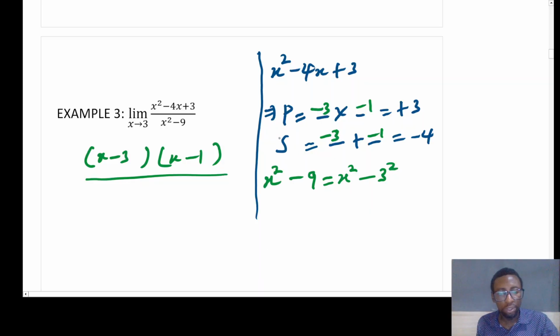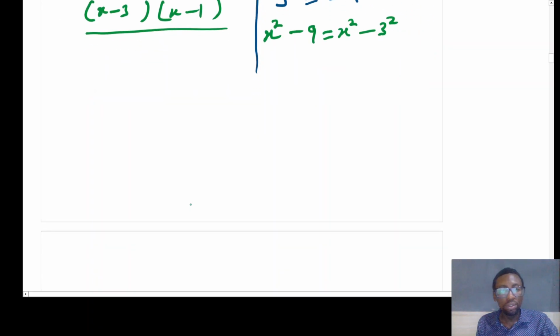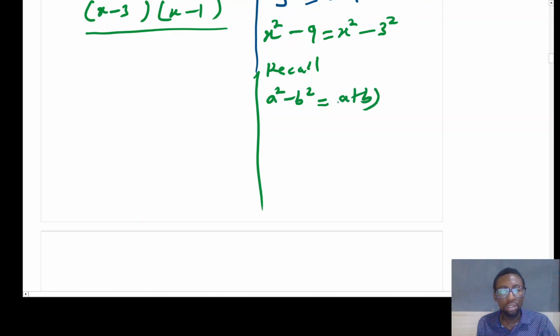What is called the difference of two squares? Let me remind you. Recall that a squared minus b squared gives us a plus b times a minus b. We call this concept the difference of two squares.